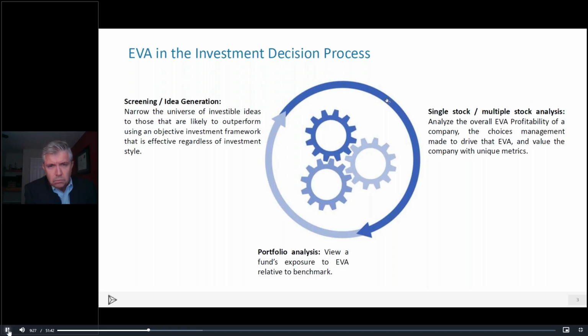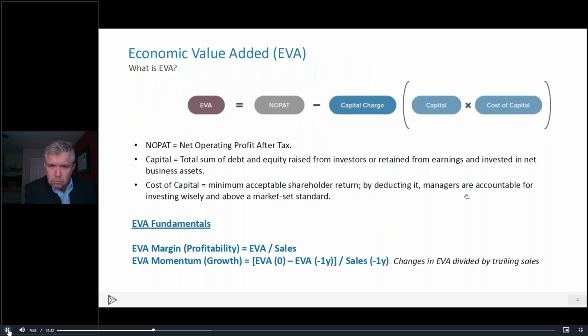This is understanding the EVA fundamentals to see what's driving economic profitability, and the level of market expectations for future value creation. Again, this is also sort of feeding into the research that we're producing. And then the last thing is portfolio analysis. We offer portfolio analysis services, which looks at the positioning of a portfolio versus a benchmark and the underlying EVA exposure of the portfolio. Okay, next slide, please.